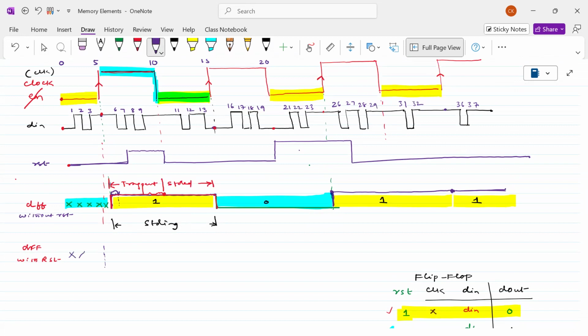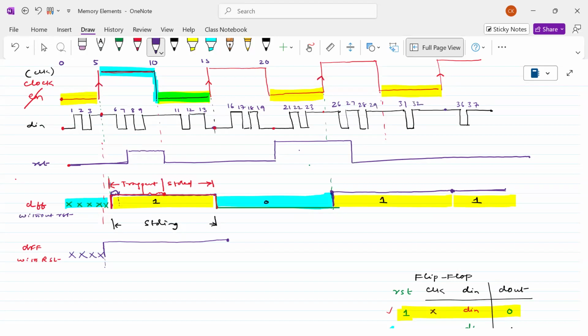Before the clock this will be unknown. Now there is a positive edge of the clock, and RST is also 0. Therefore, what will happen here? Transparency. It will take logic 1, and this logic 1 will be available at the next positive edge of the clock. This is true.